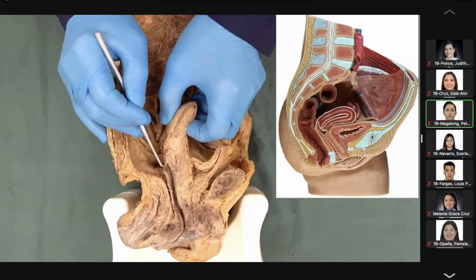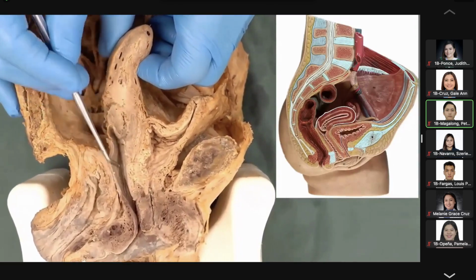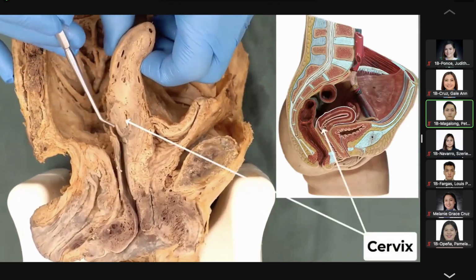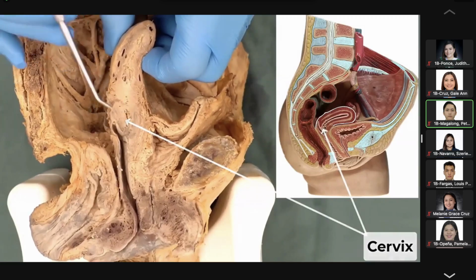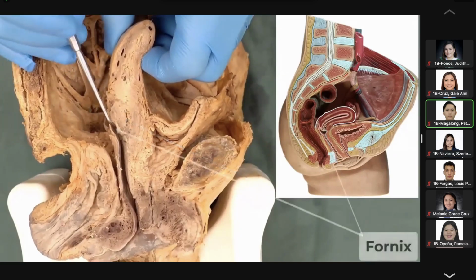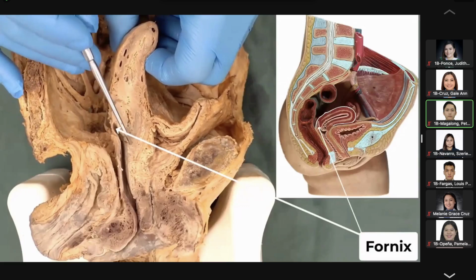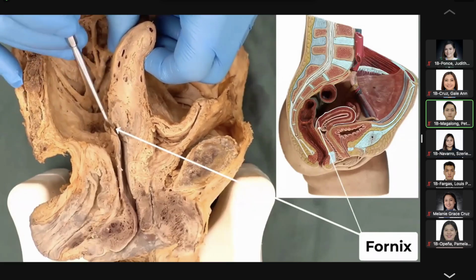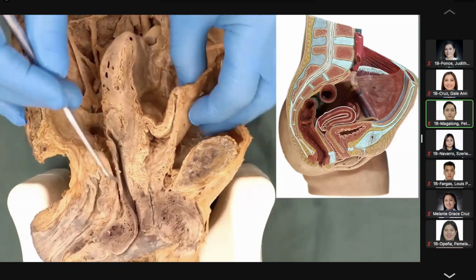One structure here that I really want to emphasize is a pouch right there between the vaginal wall and the neck of the uterus. Practically this is the cervix or neck of the uterus. This pouch is referred to as fornix. We have the posterior, anterior and lateral fornices, but the posterior one is the deepest.